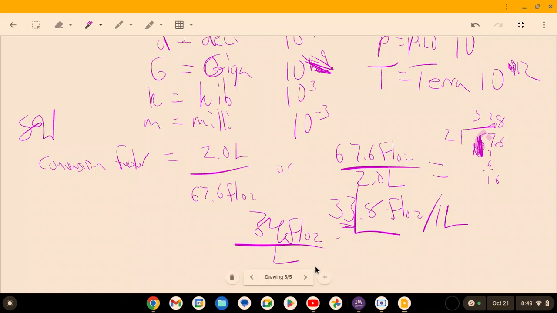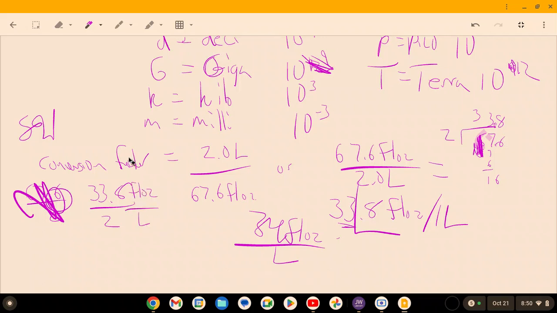All right, so 63. How many milliliters of a soft drink are contained in a 12-ounce can? Oh, well, we just did a conversion factor, so we'll do 67.6 per 2. Actually, it doesn't matter. 33.8 per 2. I'm going to just use an unrounded fluid ounces per liter.